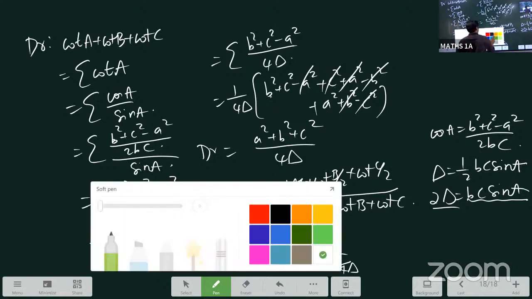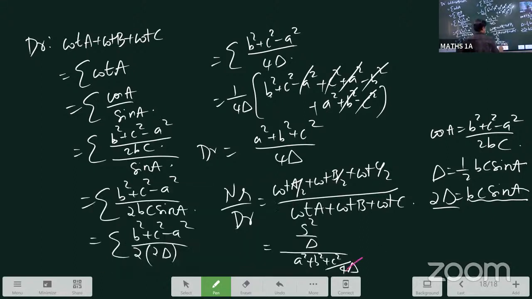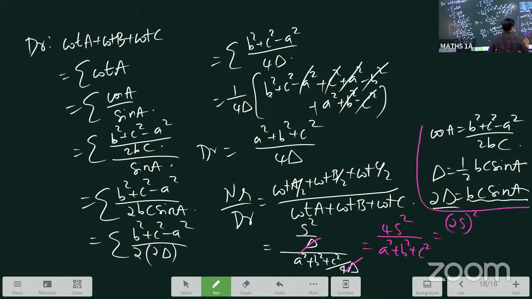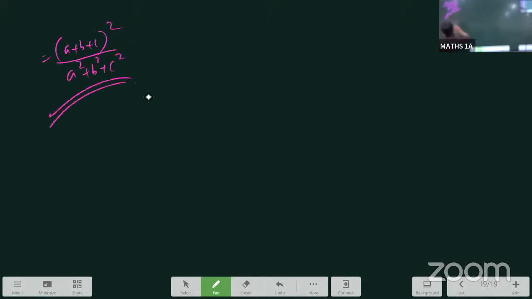So here the delta gets cancelled. And this 4 comes and multiplies to the numerator. So 4S square by A square plus B square plus C square. 4S square, I will write as 2S whole square. These are your formulas. 2S whole square by A square plus B square plus C square. Now what is 2S? 2S is nothing but A plus B plus C. So A plus B plus C whole square by A square plus B square plus C square.